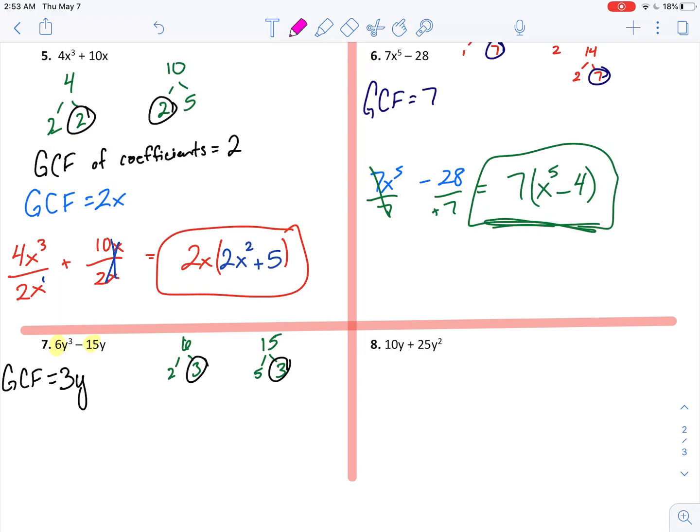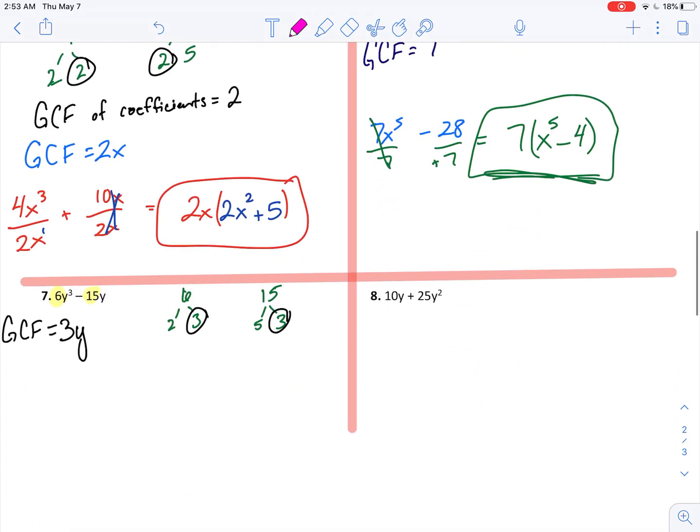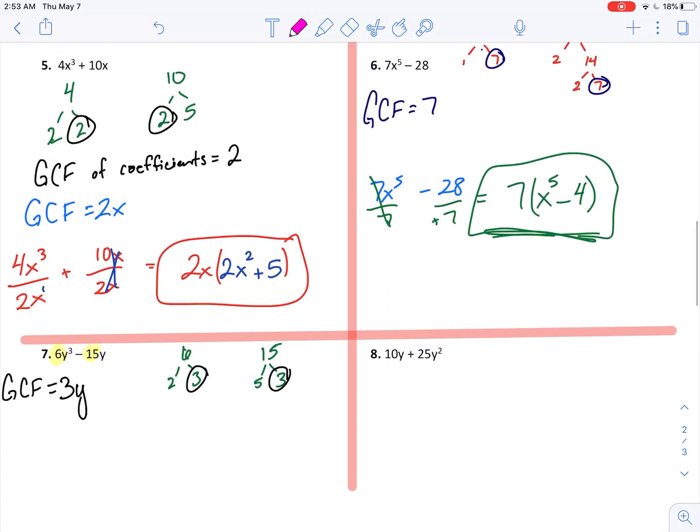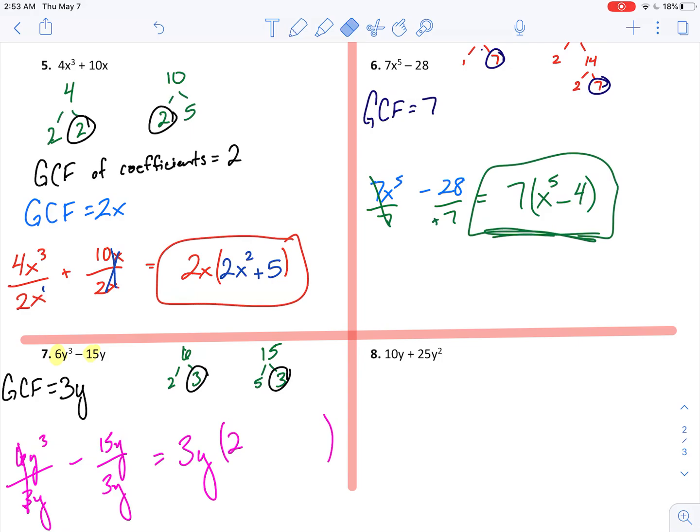So now, let's divide everything by 3y. So 6y cubed over 3y minus 15y over 3y. I'm going to put that GCF out front. And what's left after I divide it? Well, 6 divided by 3 is 2. Positive 6 divided by positive 3.